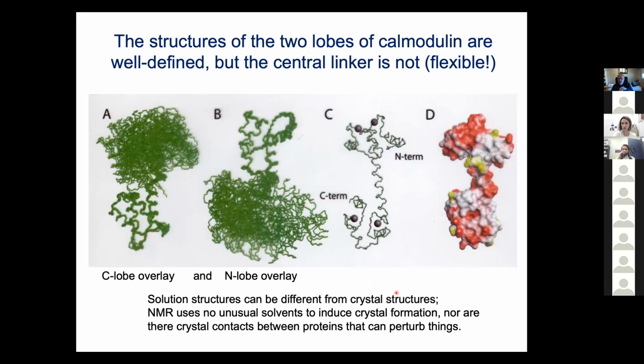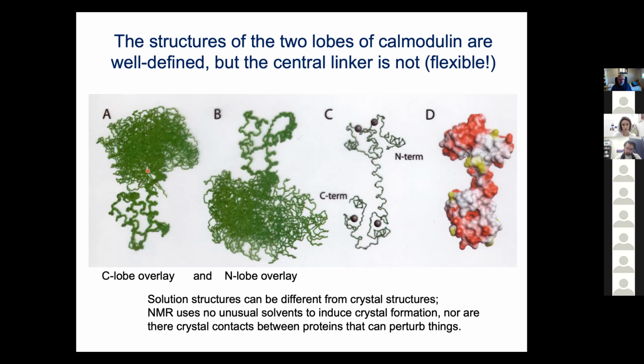Now, when people did the first structure of calmodulin, they started to overlay their structures as well. And you can see this is the structure of calmodulin. What they did is they overlaid the C lobe of the protein, and you see the C lobe overlays very, very well, right?